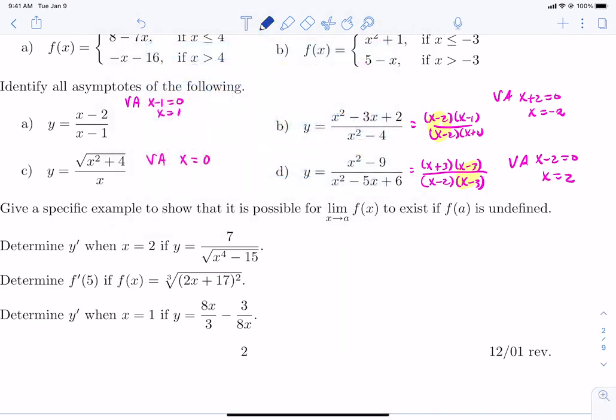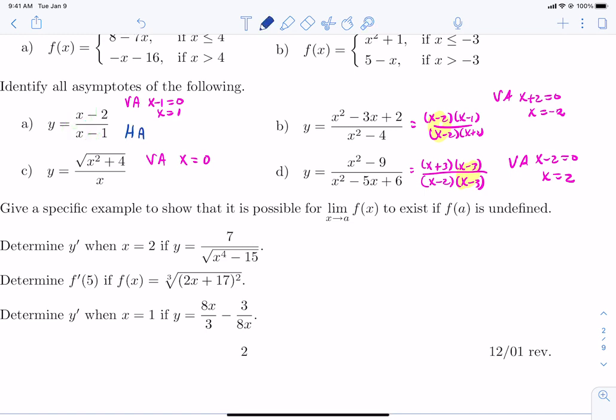So the vertical asymptotes, remember, after you've discovered the holes, then account for all the vertical asymptotes. Now let's take a look at horizontal asymptotes. So let's do A, B, and D, and then we'll discuss C a little bit. For A, the horizontal asymptote, we are going to compare the power on top with the power on the bottom.